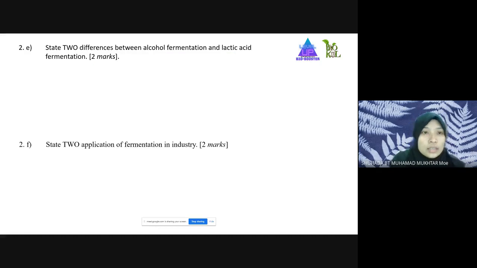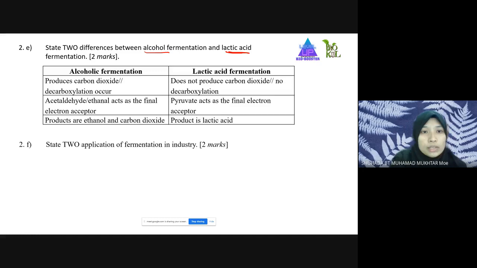Okay, next. State two differences between alcohol fermentation and lactic acid fermentation. So macam biasa, jangan buat table kalau dia tak bagi table. Okay, so jawapan dia, in alcohol fermentation, produce carbon dioxide, while lactic acid fermentation does not produce carbon dioxide.